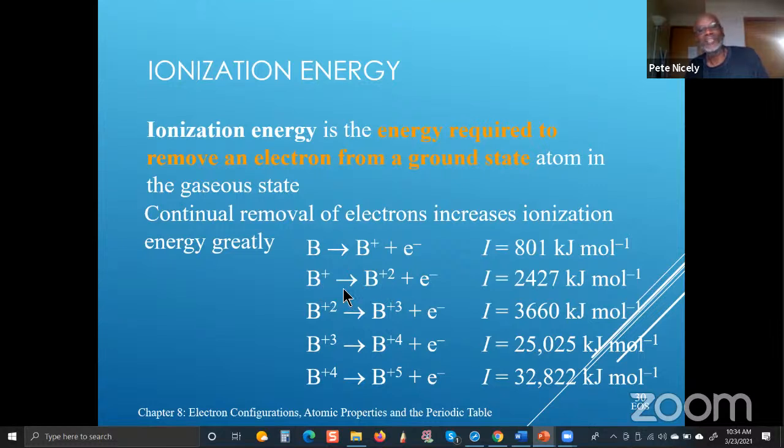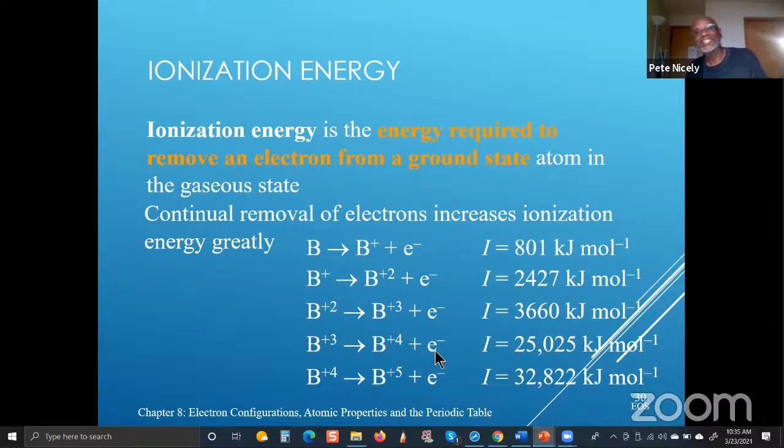Because now you're removing something negative from something positive. So that's why you see the energy increase for the removal of the second electron, and then it increases to remove the third electron for pretty much the same reason, and that continues until you remove all the electrons, all right? So that's basically what explains that increase.